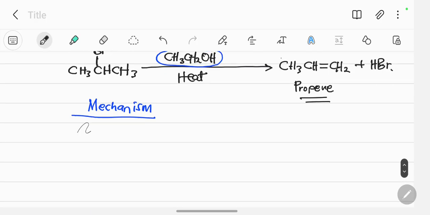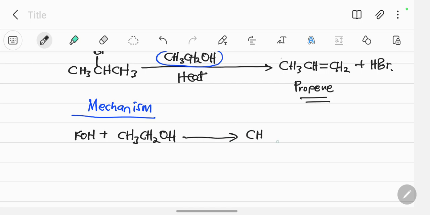So it's going to be potassium hydroxide plus CH3CH2OH, which is ethanol, giving us CH3CH2O⁻ K⁺ plus water.